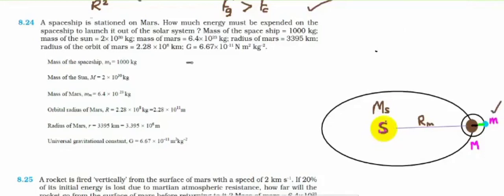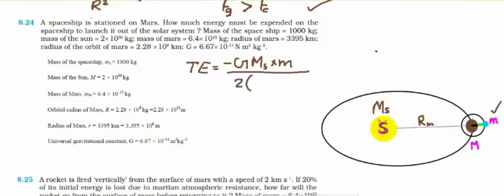So here we can use the total energy formula. Total energy is equal to minus G Ms, mass of Sun. For the entire solar system, the mass of the Sun is the influential one, and the spaceship has to escape. So into small m, mass of the spaceship, divided by 2 into the total distance.